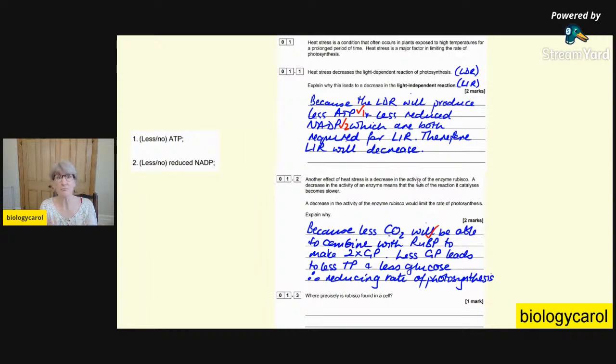So at this point, I summarized the whole lot because I wasn't sure. So therefore, less GP would be made, which would mean less TP and therefore less glucose. GP, glycerate phosphate, TP, triose phosphate, therefore reducing the rate of photosynthesis.